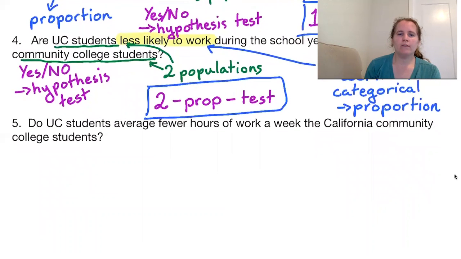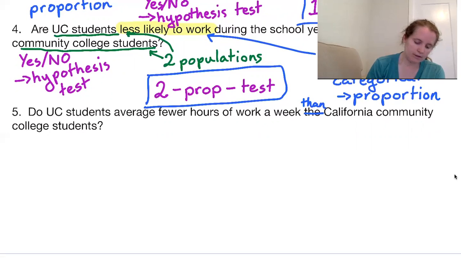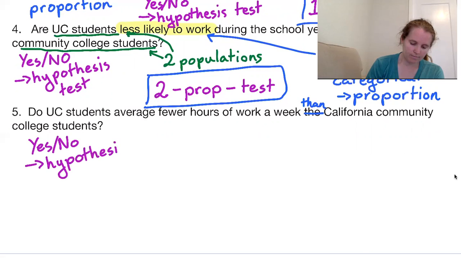And then finally, for our last one, do UC students average fewer hours of work a week than California community college students? So again, this is a yes/no question. So we are doing a hypothesis test. We are looking at UC students and California community college students.